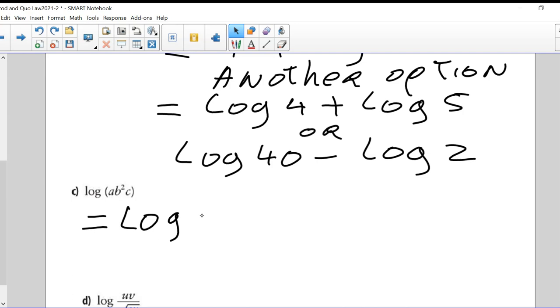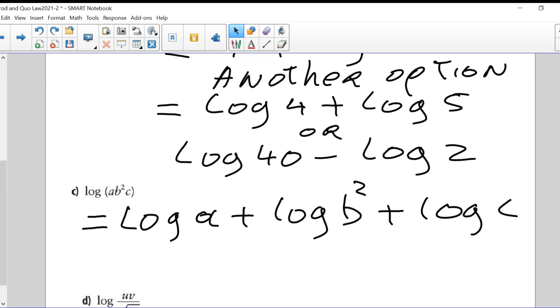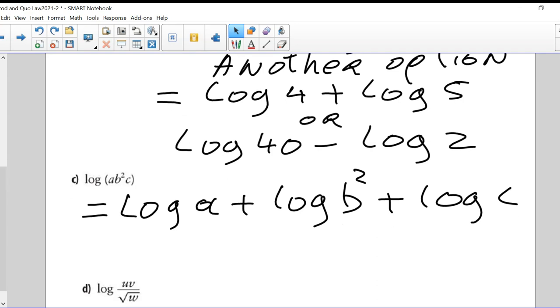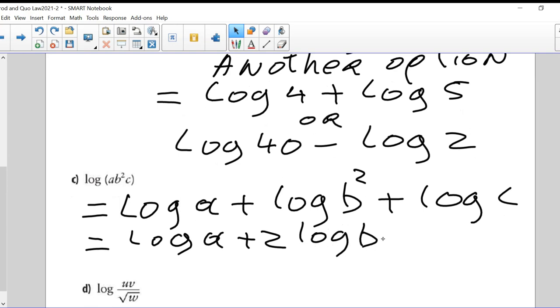The log of a plus the log of b squared plus the log of c. How about we did that? Or we could further do this as the log of a plus 2 log b plus the log of c.